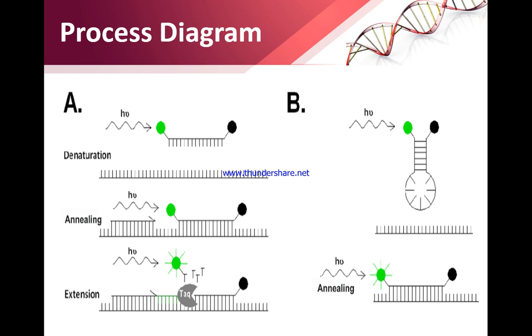But with a molecular beacon, the 5' exonuclease activity is not present, so the probe is just displaced, which puts a long distance between the quencher and the fluorophore, which causes fluorescence.